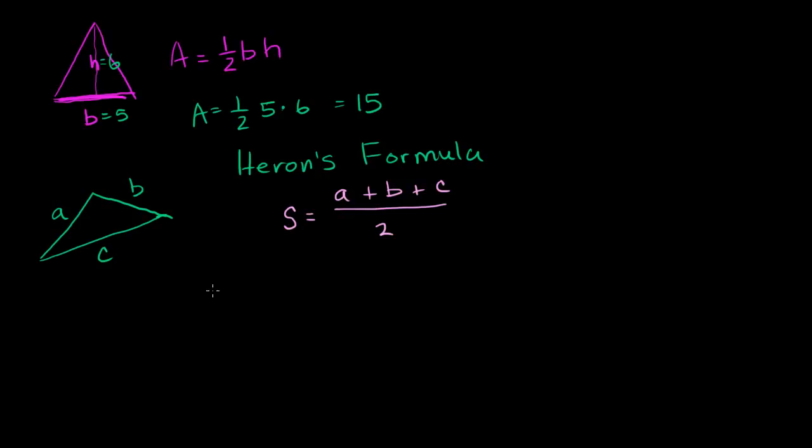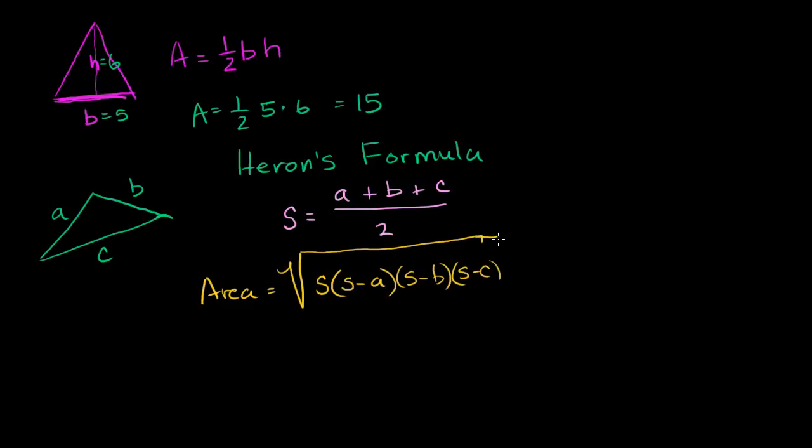Then, once you figure out s, the area of this triangle right there is going to be equal to the square root of s, this variable s that you just calculated, times s minus A times s minus B times s minus C. That's Heron's formula right there. Let me square it off for you. So that right there is Heron's formula.